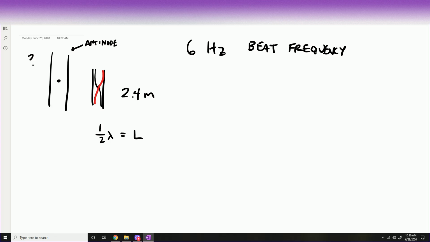So the way that this factors into the problem is we know that the frequency of the shorter pipe, which will have a higher frequency, so we'll call that f2.4, minus the frequency of this other one, which we'll just call f question mark for now, is going to equal that beat frequency. So this is going to help us figure out the length of this pipe, which is ultimately what we're looking for.